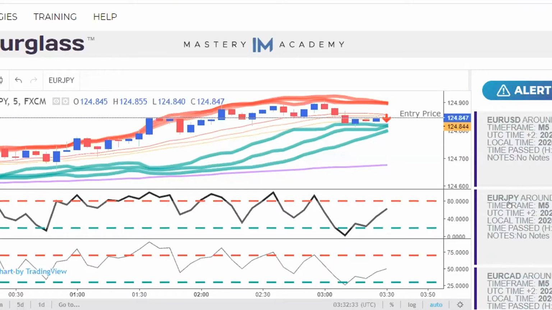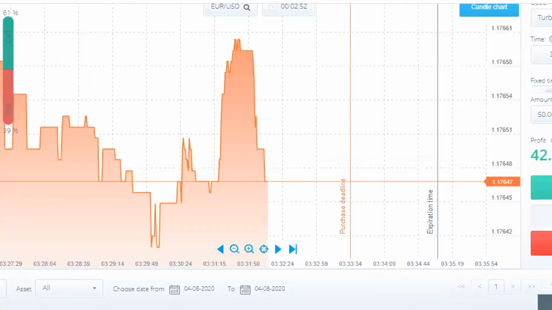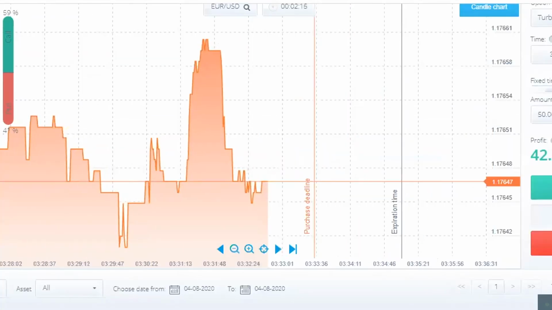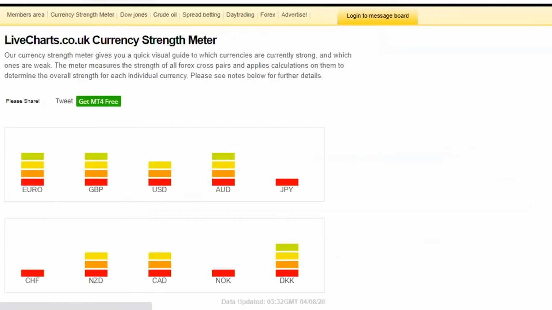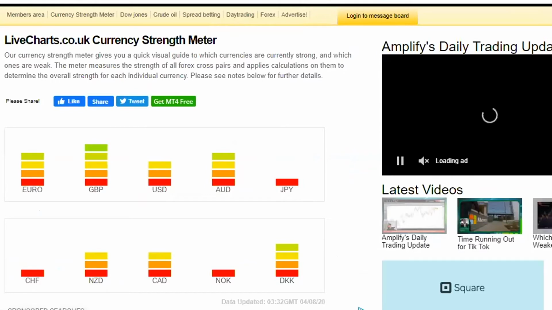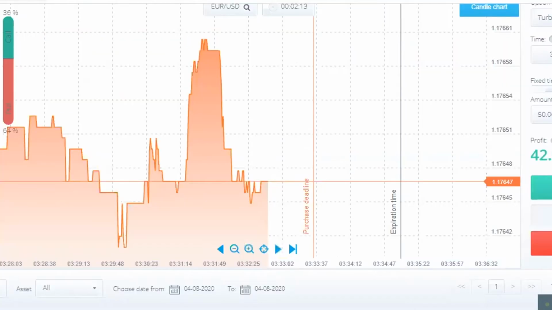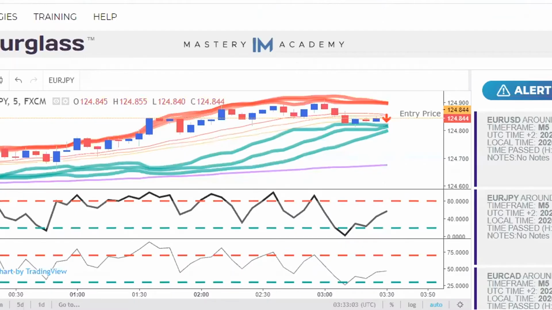All right. Euro USD still looks like a real good setup, man. On the hour, it's going on a downtrend.